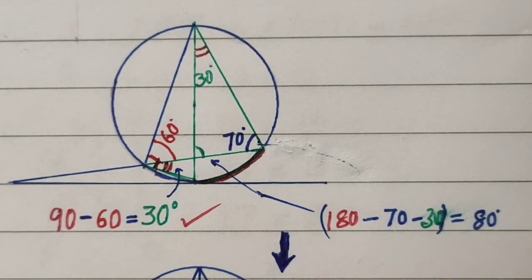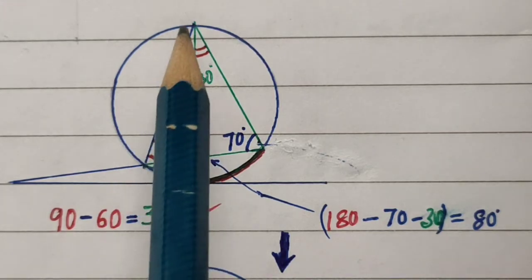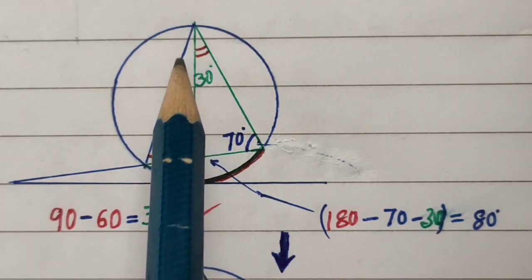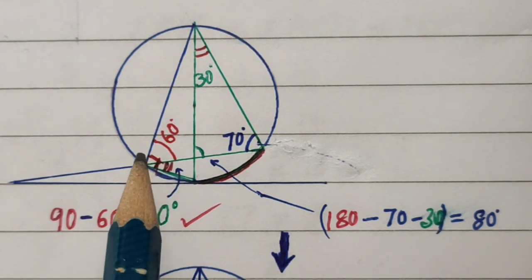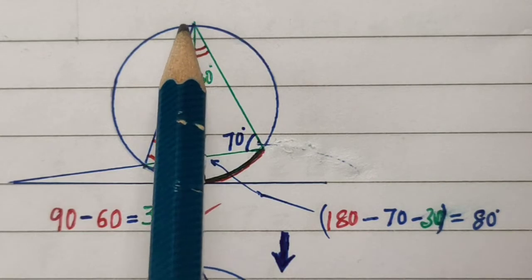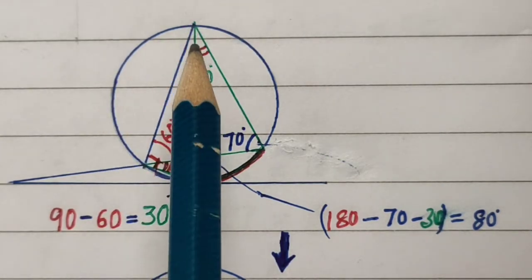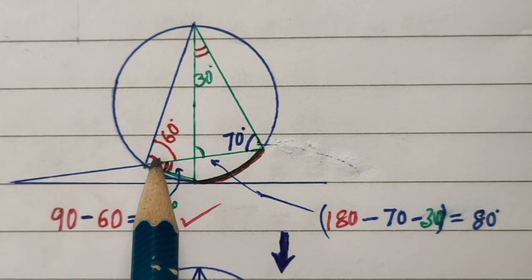We know that the angle in a semicircle is a right angle. Any angle inside the semicircle is a right angle. So let us consider this as a semicircle from this point. Therefore, this angle is going to be 90 degrees.